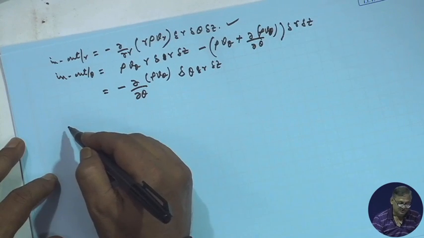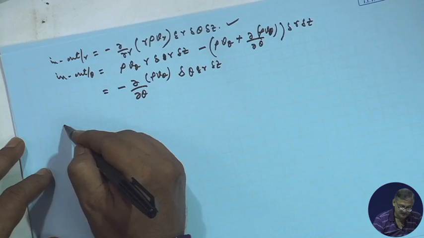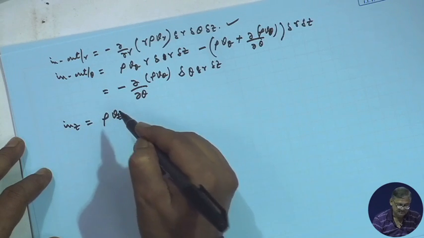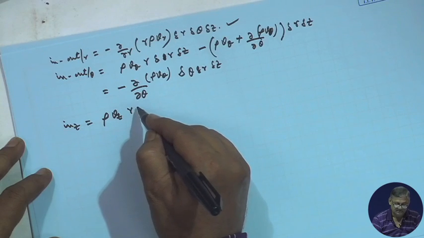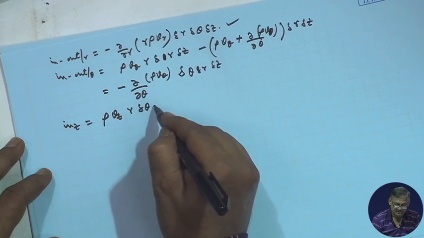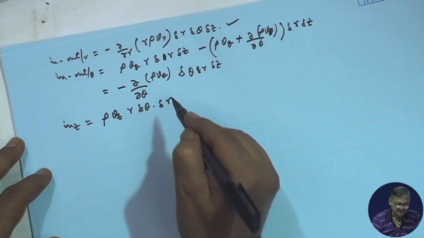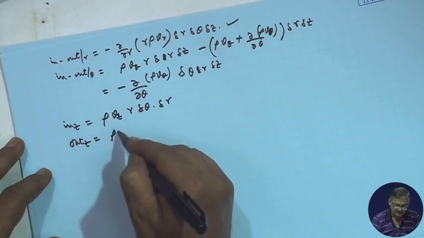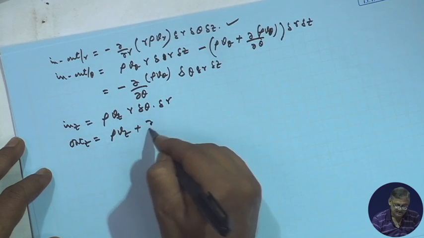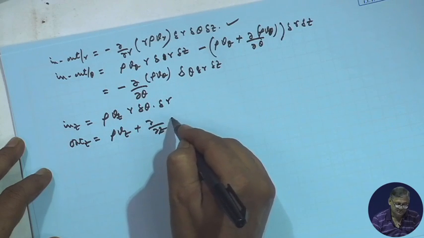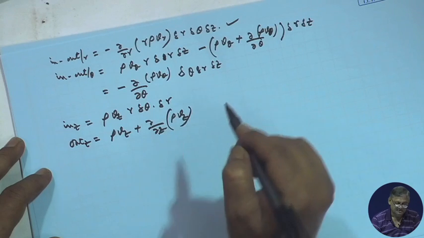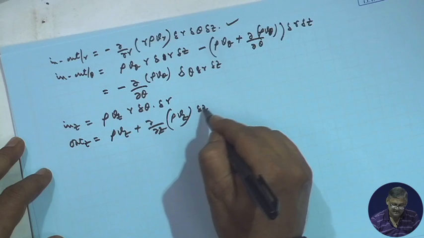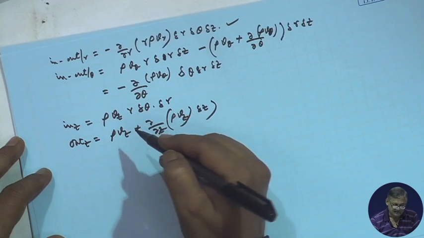Similarly, for the z coordinate, in at z we can write rho vz into the area r del theta del r, and out at z we can write rho vz plus del z of rho vz into del z, times the area.